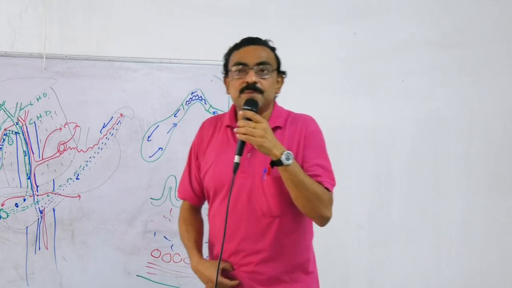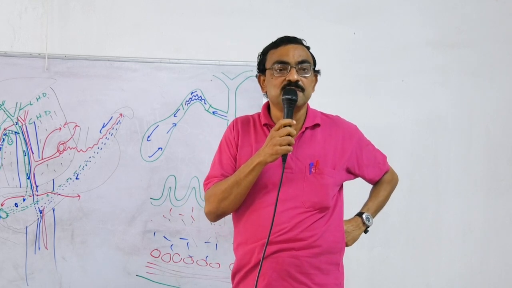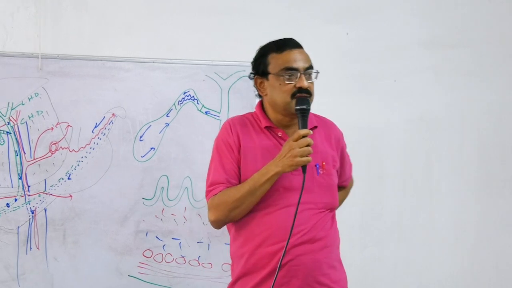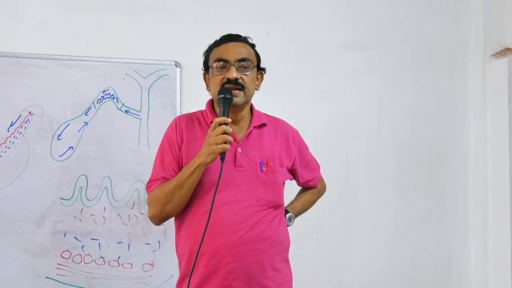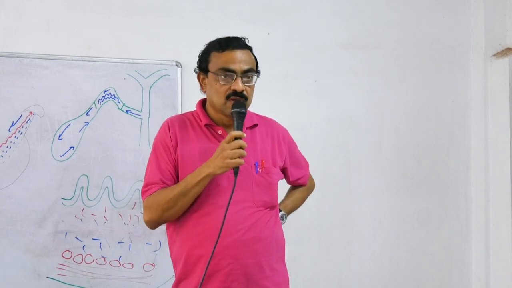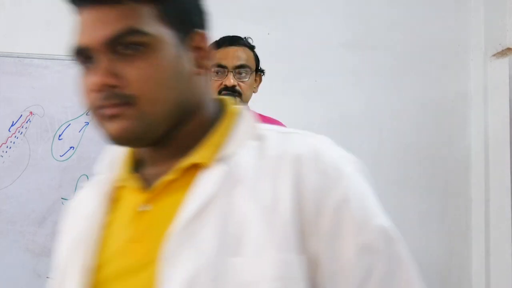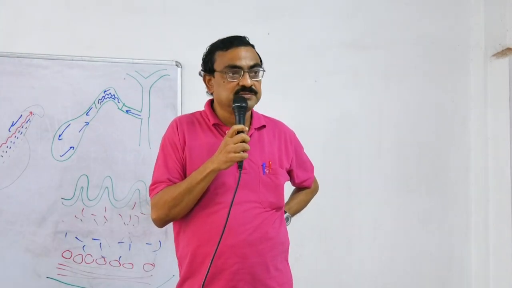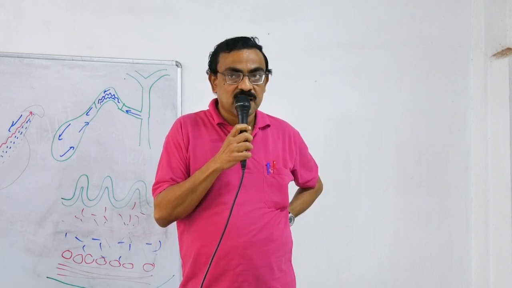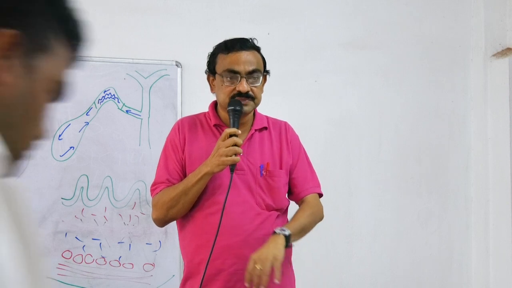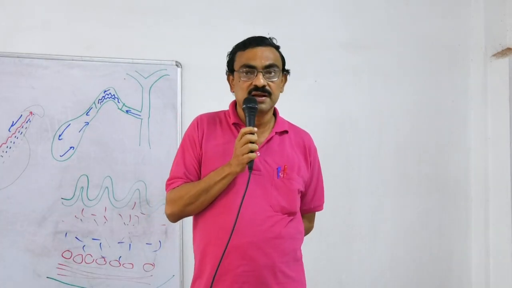What is the nerve supply of the gallbladder? Actually both sympathetic and parasympathetic supply it. The sympathetic is coming from the T9 segment, that is from the thoracic region. And the parasympathetic is from the vagus.